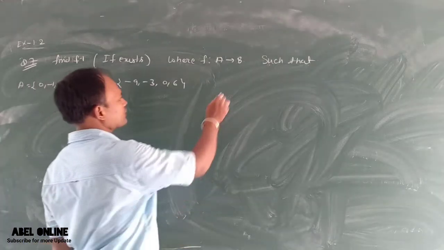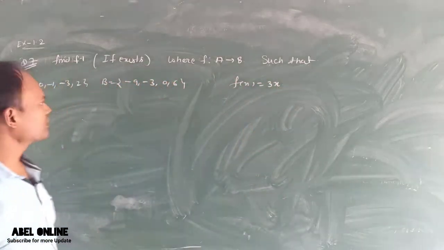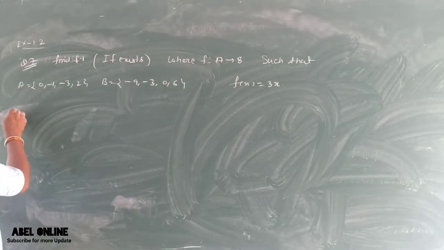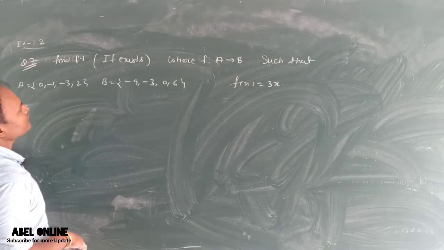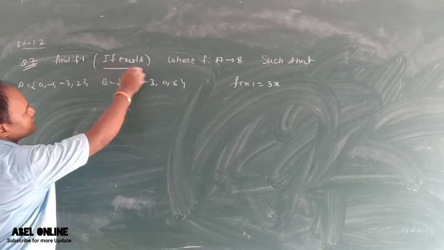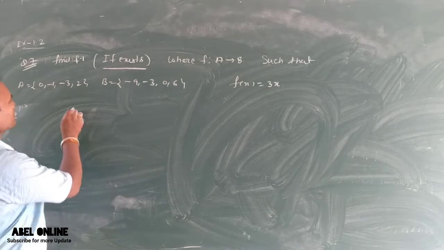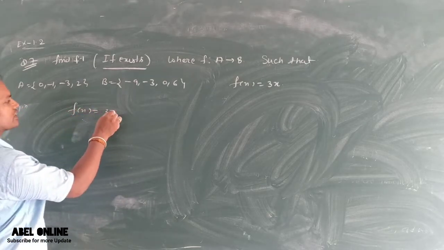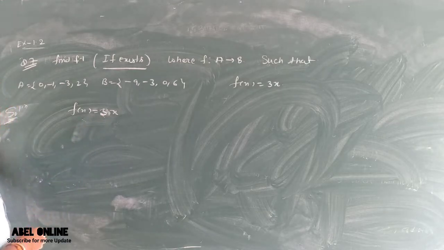And f(x) equals 3x. Now first, for f inverse to exist, f from A to B must be defined, and it is given that f(x) equals 3x.